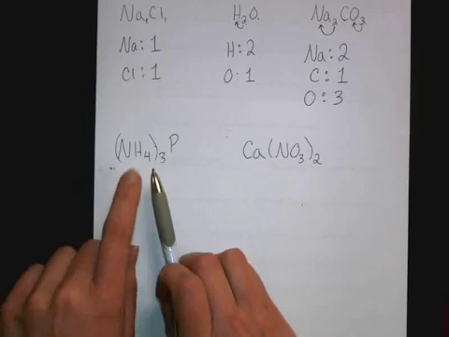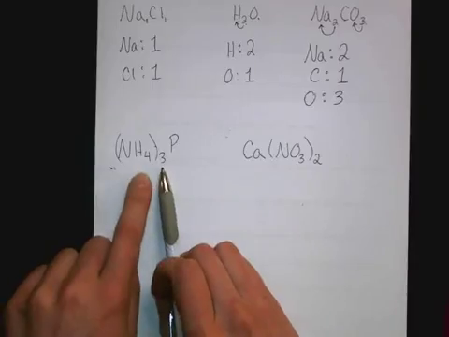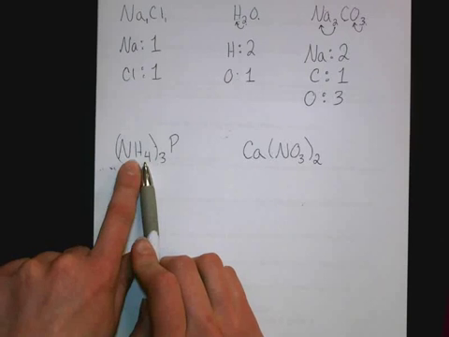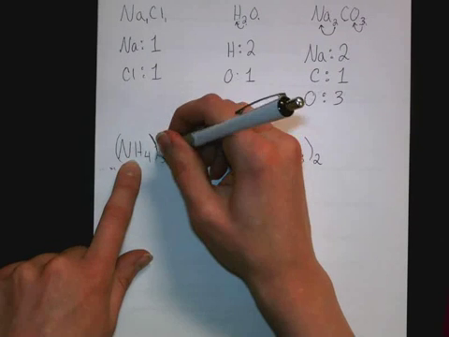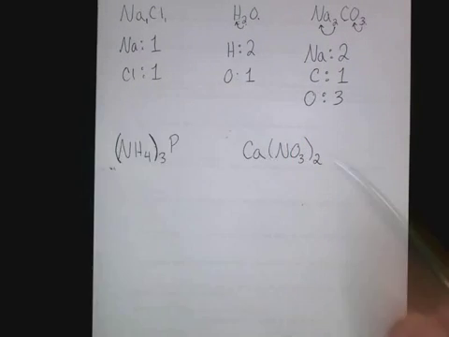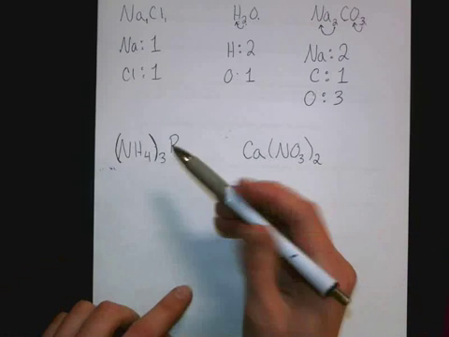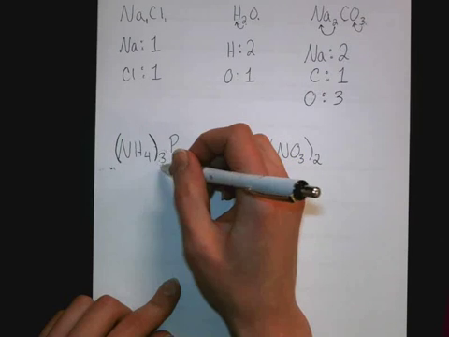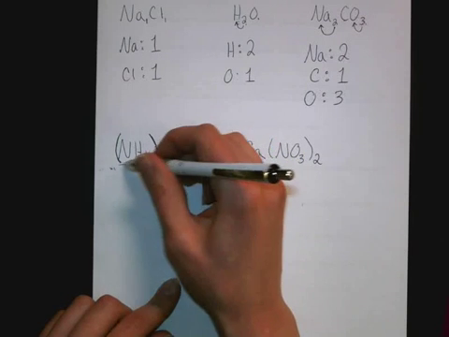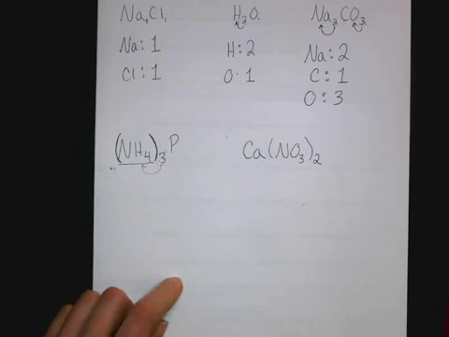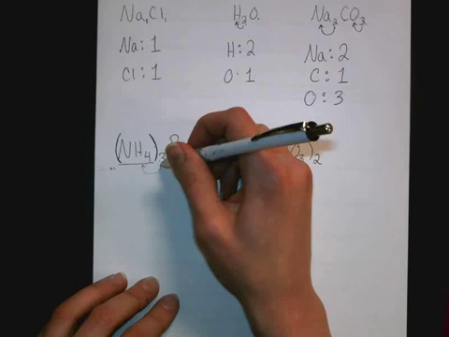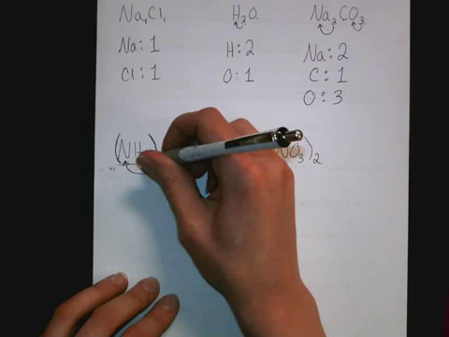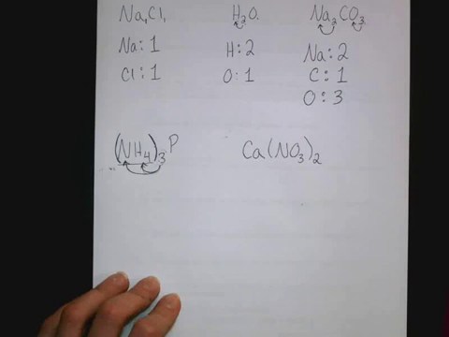Now, if I have something that looks like this in parentheses, well, I have just 1 nitrogen and 4 hydrogens here. But then that whole thing is clumped together, and I have, in the bottom right corner, 3 of everything that comes before it, which is the stuff in the parentheses. This means that that 3 is going to carry into my nitrogen, and it's going to carry into my hydrogen.